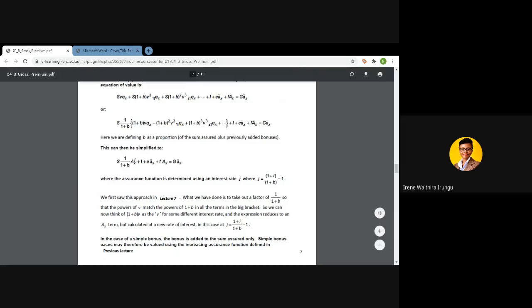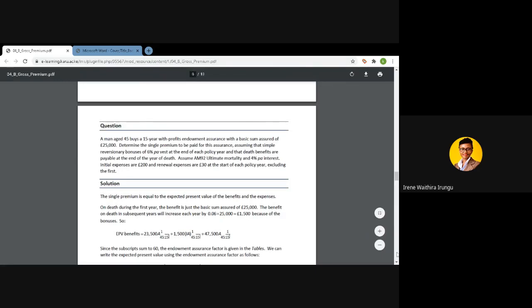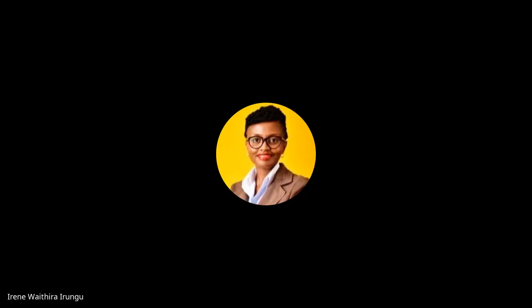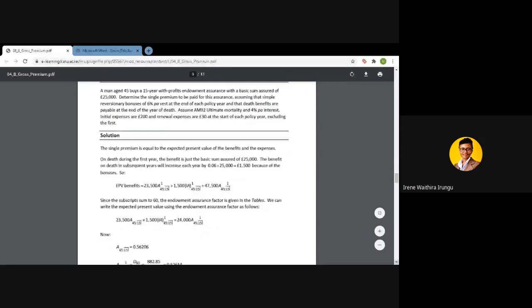So let's look at an example where we can apply this. A man aged 45 buys a 15-year with-profit endowment assurance with a basic sum assured of 25,000. So it is confirmed that it is with profits.